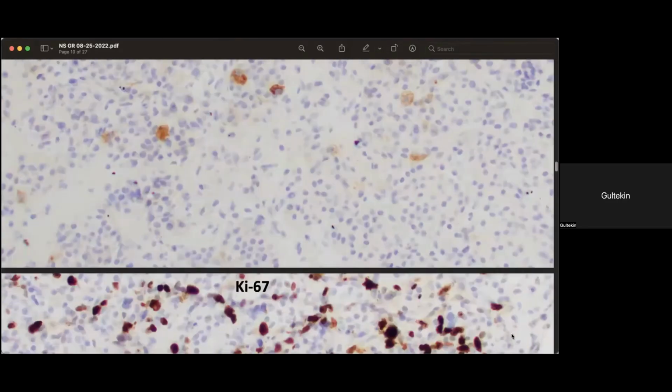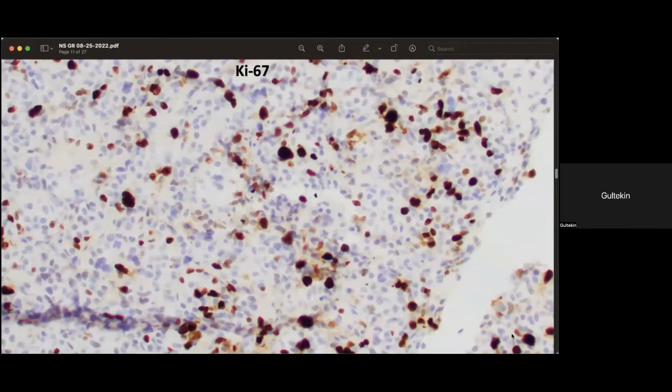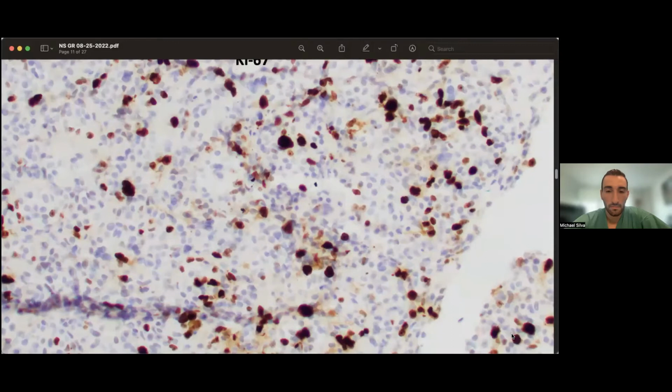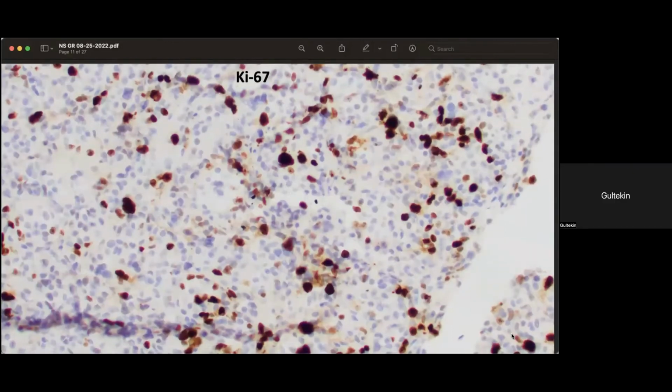The Ki-67 in these regions is much higher than that of a regular pituitary adenoma. So we thought that this represented breast cancer within a pituitary adenoma.